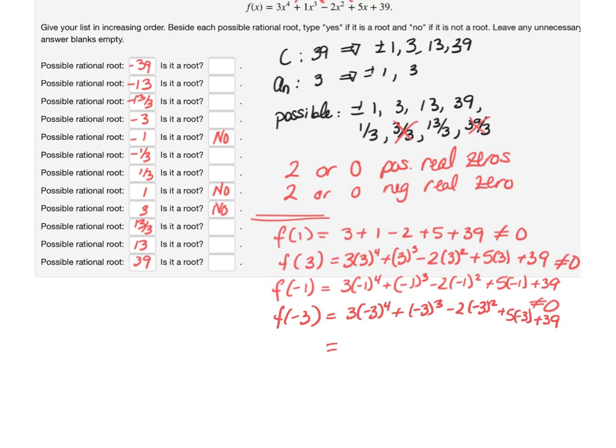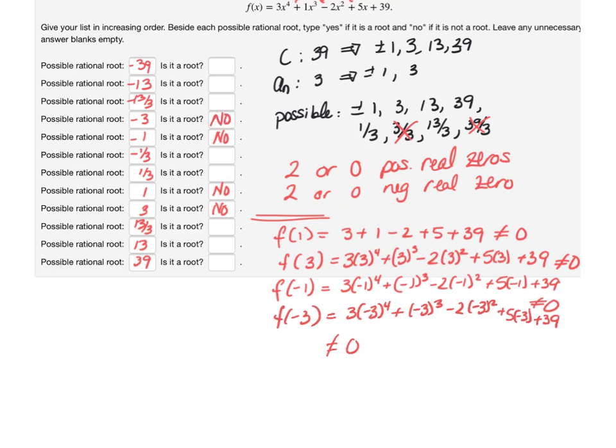So 3 to the 4th is 81 times 3. I gave my calculator an error. So in your calculator, do 3 times 81 minus 27 minus 18 minus 15 plus 39. 3 times 81 minus 27 minus 18 minus 15 plus 39 equals 222. So this does not equal 0, so I'd come up here and write no.